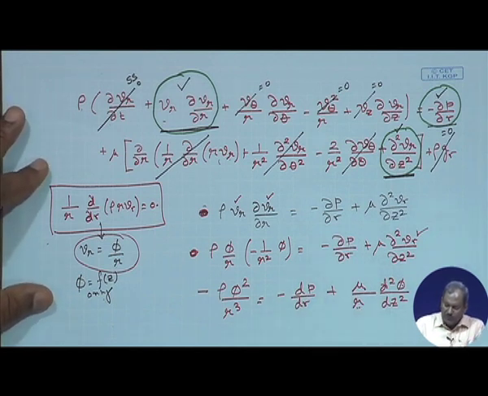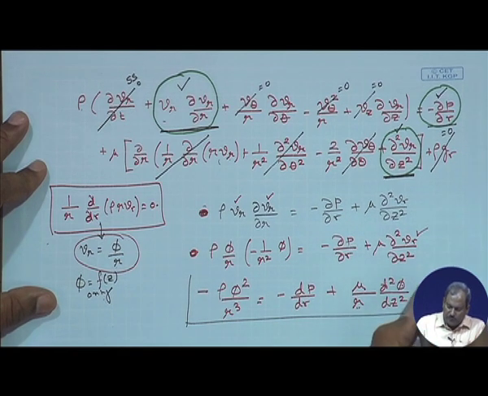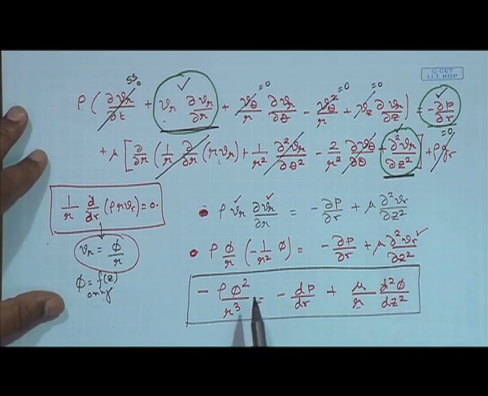So my reduced form of the governing equation for flow between two circular disks as a function of applied pressure gradient would simply take this form.